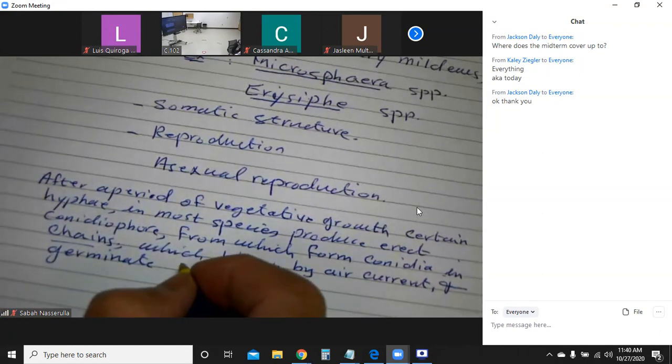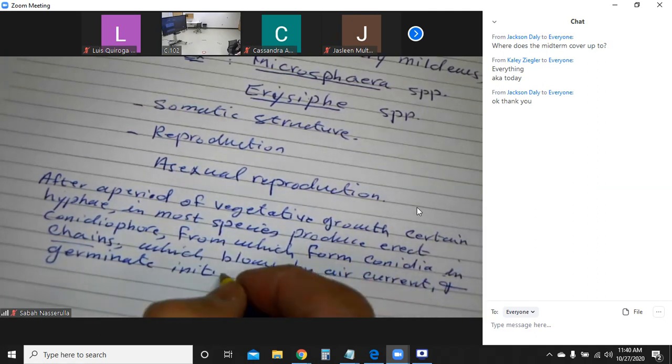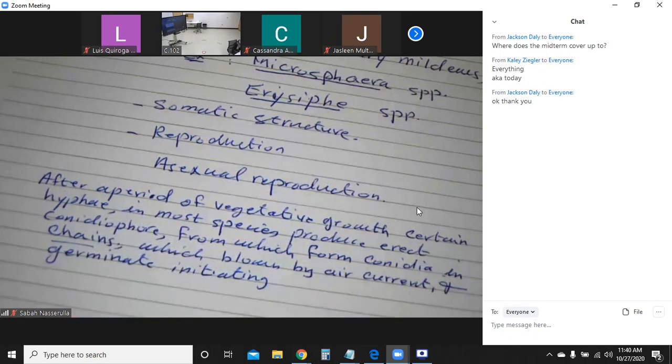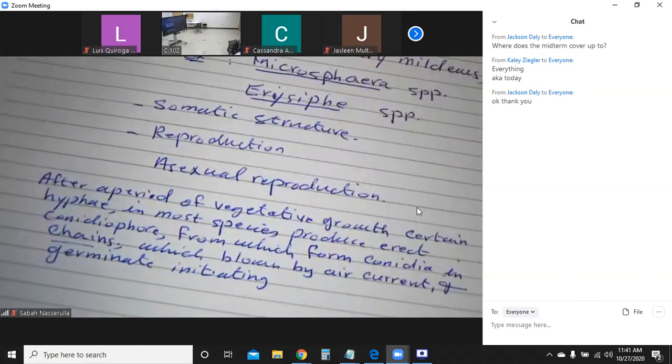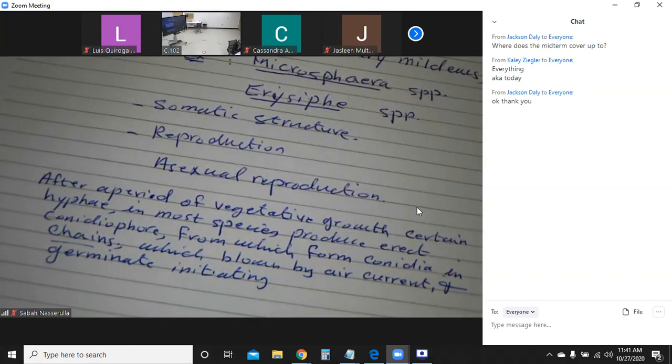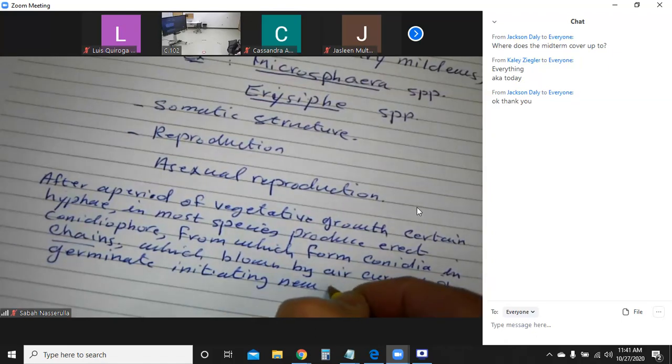They germinate to new hyphae, because as I mentioned to you, this species is parasitic. That means all the time it needs the host to germinate on, initiating what we call a new infection.